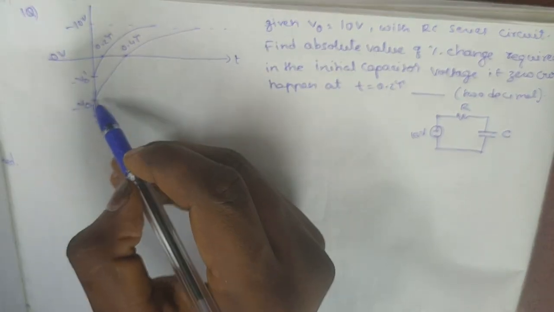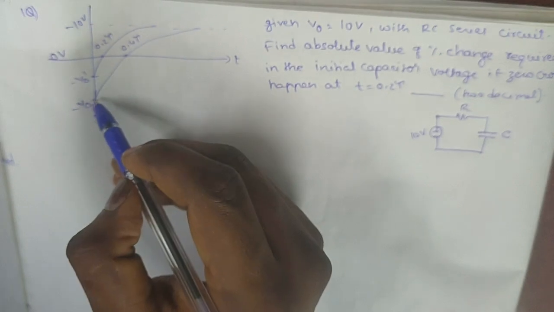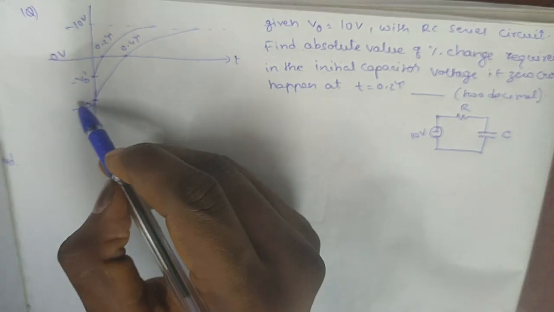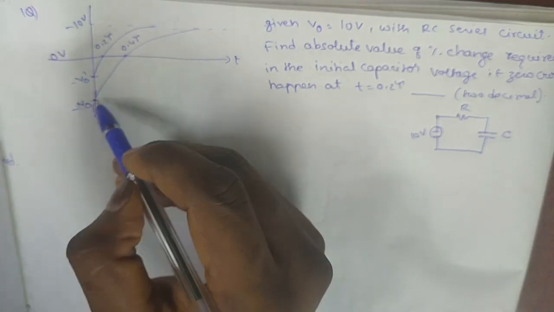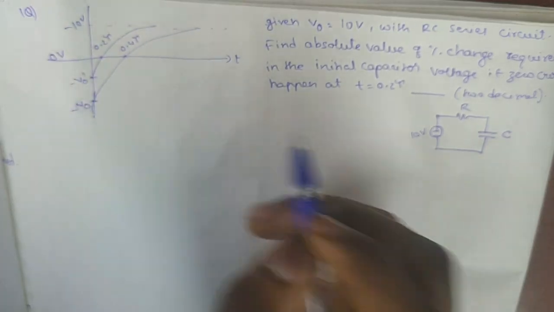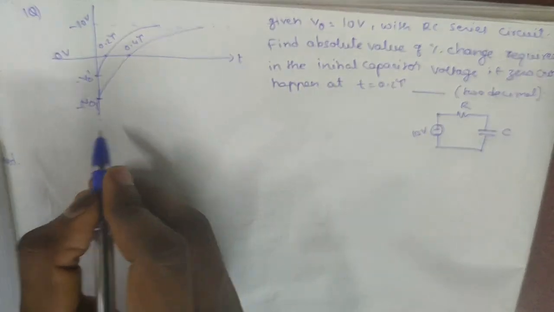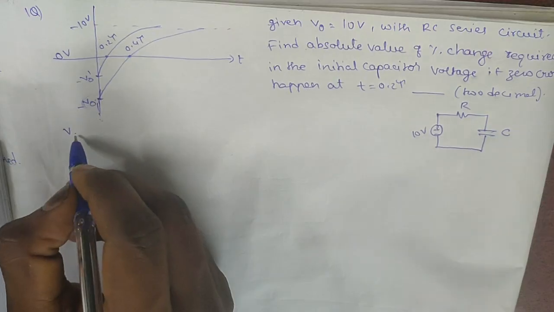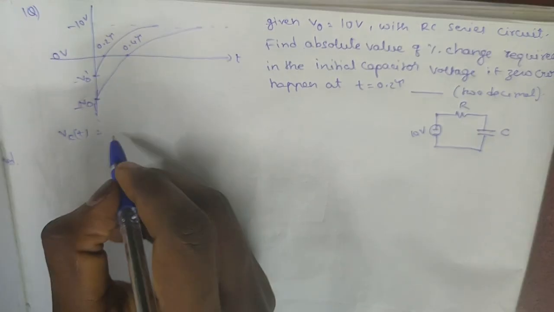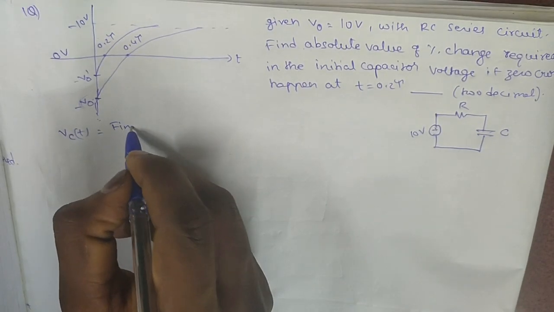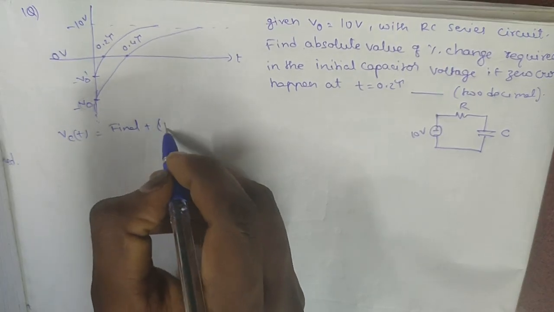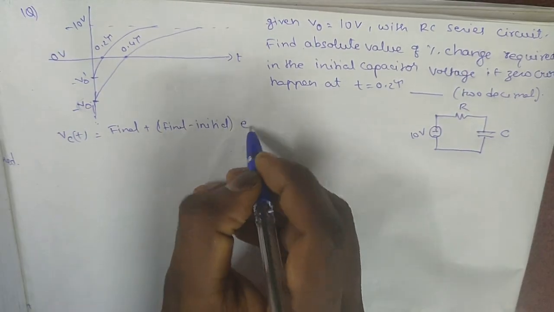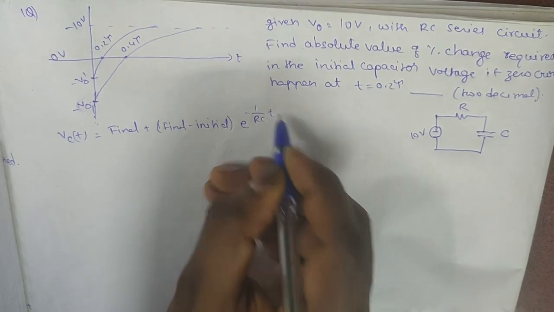That means they are asking the absolute change, that is all positive values, the difference with respect to the 0.4 tau initial voltage. So first we write the standard voltage equation: final voltage plus (final minus initial) into e power minus 1 by RC into t.